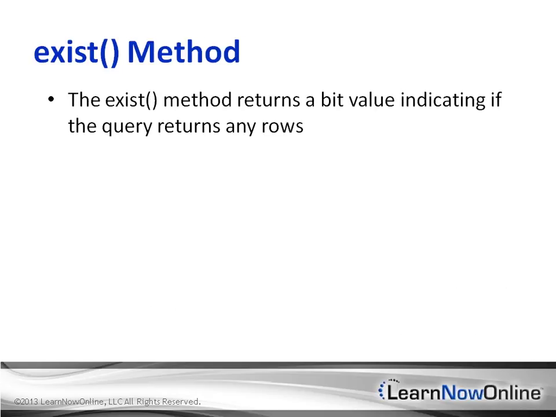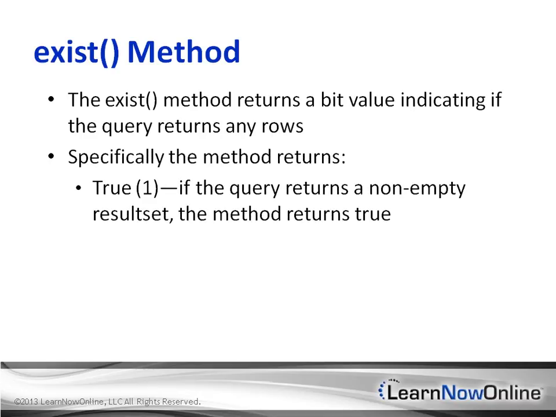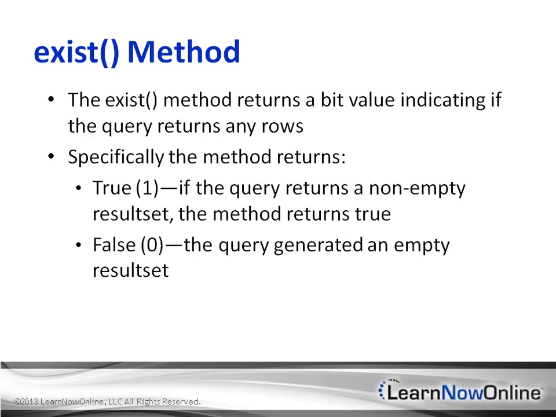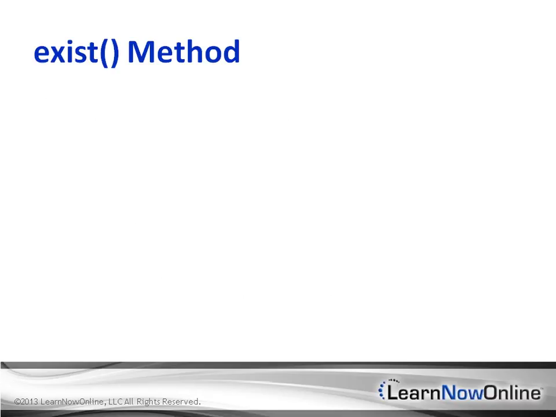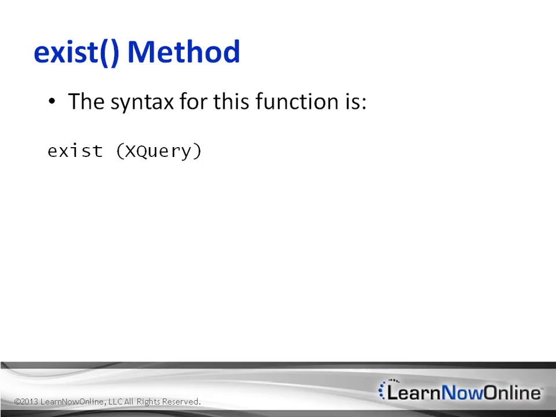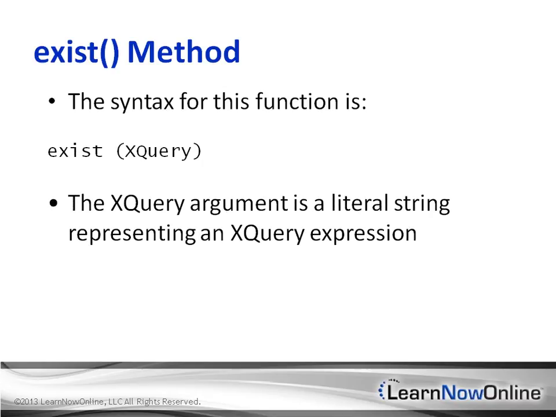The exist method will return a bit indicating if there are any rows satisfying the query. If it returns 1, that means it's true. 0 means the query generated an empty result set. And null is returned if the XML instance contains null. Here's the syntax. The XQuery argument is a literal string representing the expression.